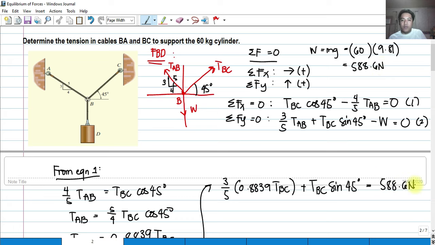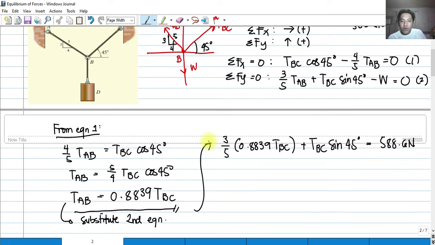So furthermore, we can distribute 3/5 here. If you multiply that, that would be 0.53034 T sub BC plus T sub BC sine 45 degrees. We have 588.6 newtons. So we can factor out T sub BC.